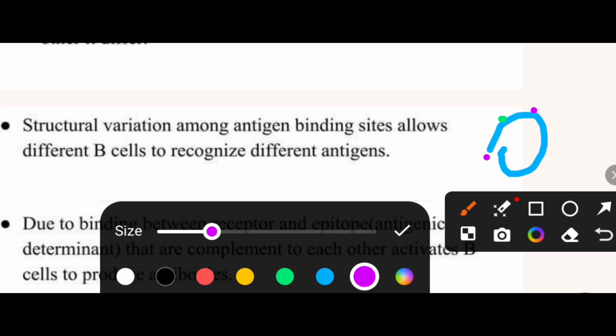As you can see, I am marking with different colors. So how is this recognized by antibodies? This is because structural variation among antigen binding sites allows different B cells to recognize different antigens.